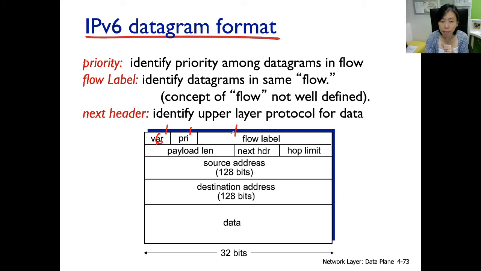Priority and flow label. These two are new. So flow label here allows us to group a specific set of packets together. Coming from one application, coming from one service, they could be carrying flow ID 1, and other packets from other services, flow ID 2.